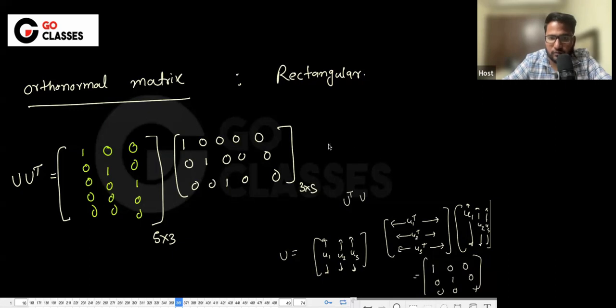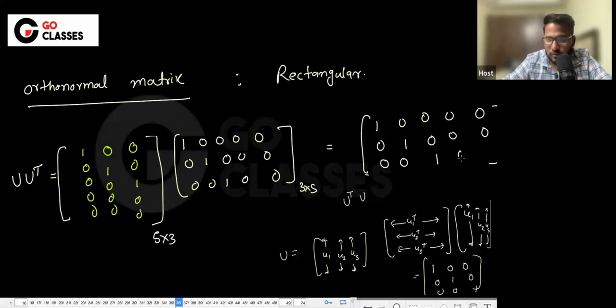If you multiply this row with this, it will be 1, then 0, 0, 0, 0. Now let's check the other rows. Multiplying these two gives 0 1 0 0 0, and this gives 0 0 1 0 0.